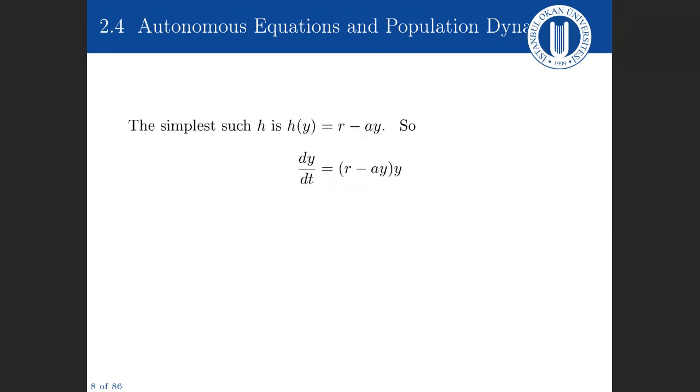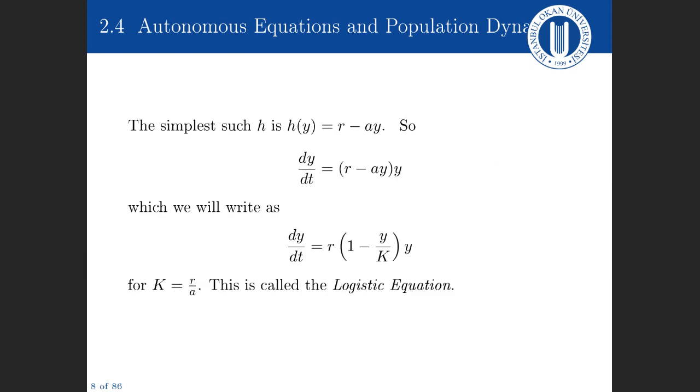So we're going to be looking at the differential equation dy/dt equals (r minus ay)y, or we could write this a slightly different way. We could write this as dy/dt equals r(1 minus y/k) multiplied by y. This is called the logistic equation.